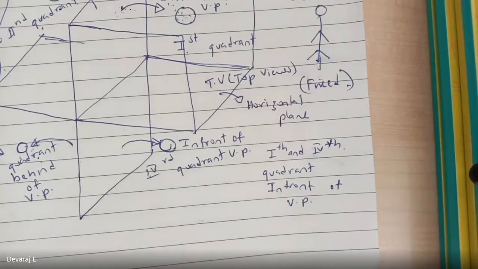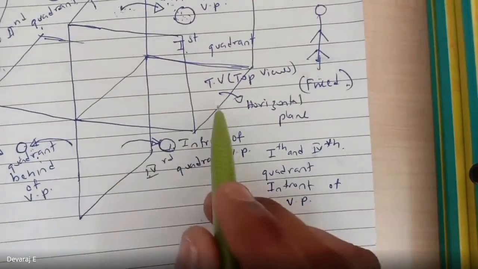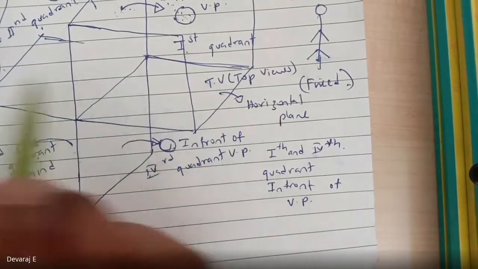Always remember this: first and fourth are in front of VP, second and third are behind the VP.